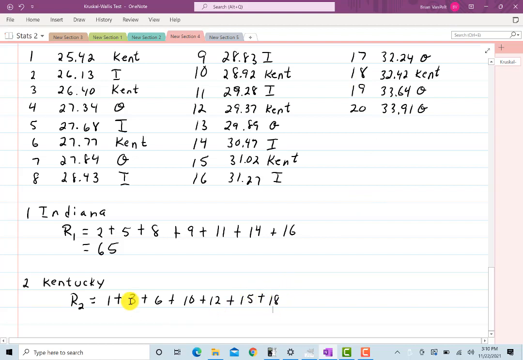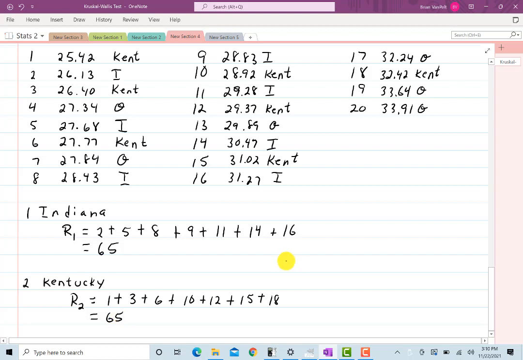Let me make sure I got all these. 1, 2, 3, 4, 5, 6, 7. Good, there were 7 of those. For this, I'm going to get 4, 10, 20, 32, 47, 65 also.